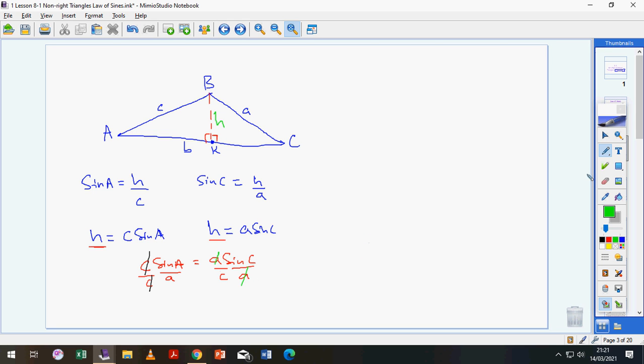So I end up having the sine law, which is just sine of A over A is equal to sine of C over C. That's basically the proof of the sine law.